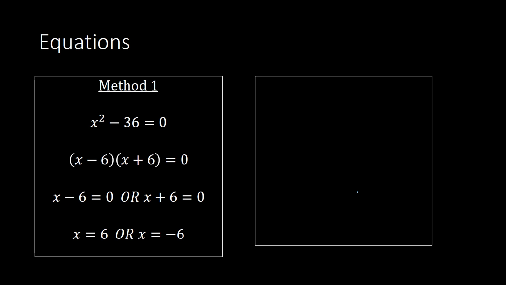That's one way we can solve, but using the method learned in this section, you could also take the square root of both sides, where I can isolate the x squared by adding 36 to both sides. When I do that, I now have x squared equals 36.